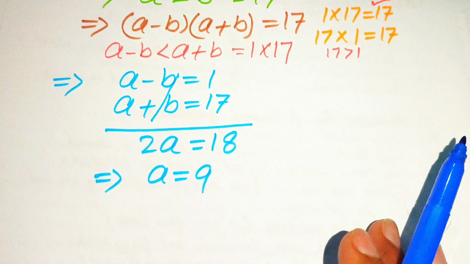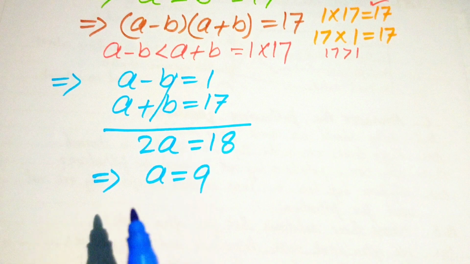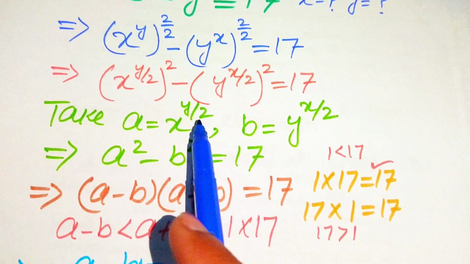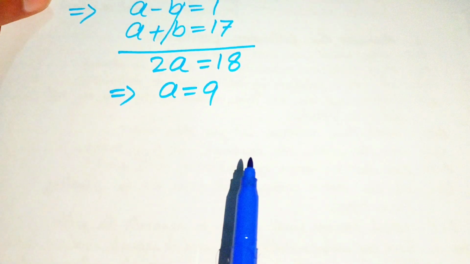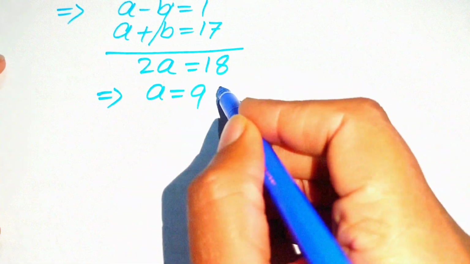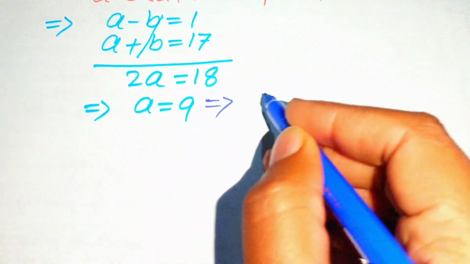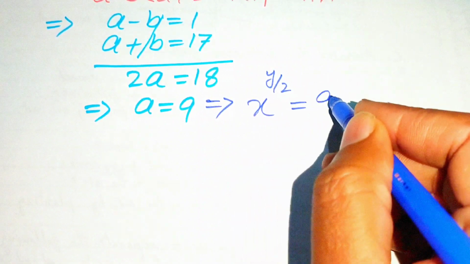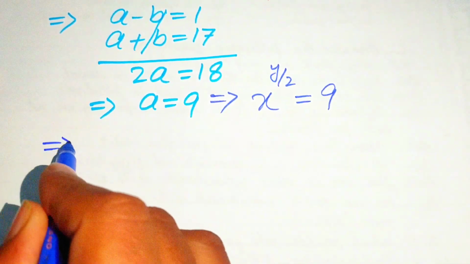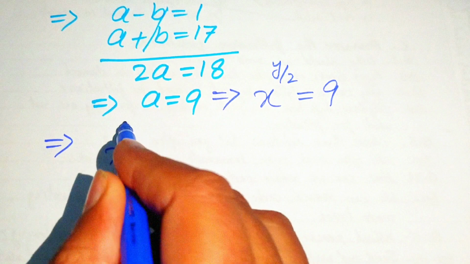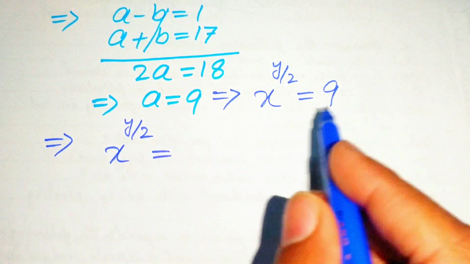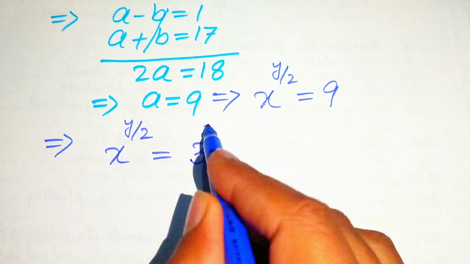Here we back substitute the value of a. At the start of the problem we took a equals x to the power of y over 2, and we back substitute this value of a and get x to the power of y over 2 equals 9. We rewrite 9 as 3 square.